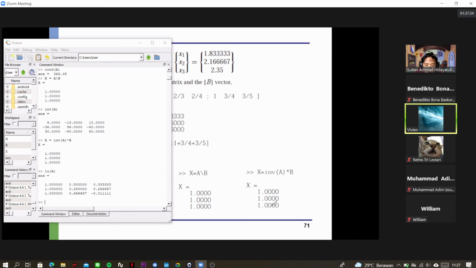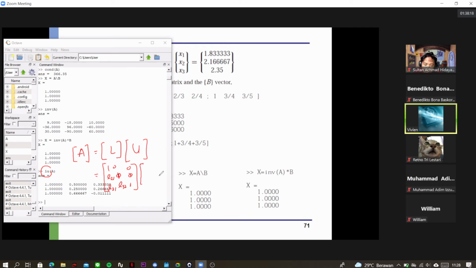So LU here is the LU decomposition. As what we have before, we can decompose matrix A into matrix L and U. When we have L and U, L is filled with 1 on the diagonal, the other elements above are 0, and then we have L21, L31, and L32 like that.